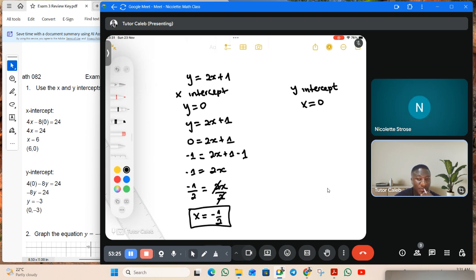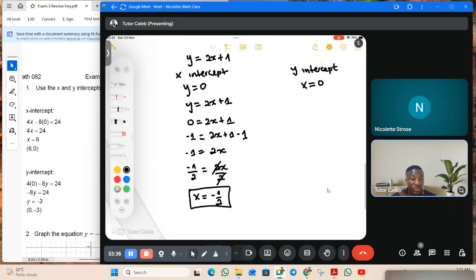Now, Nicolette, we have found the x value of the x-intercept, meaning that the x-intercept for the equation that was given to us is negative half and 0.